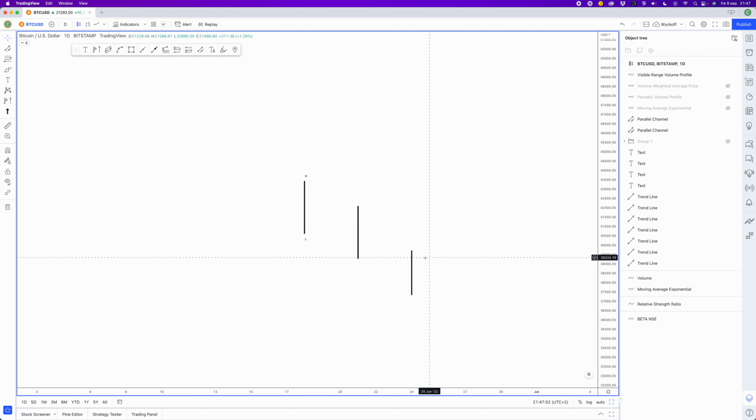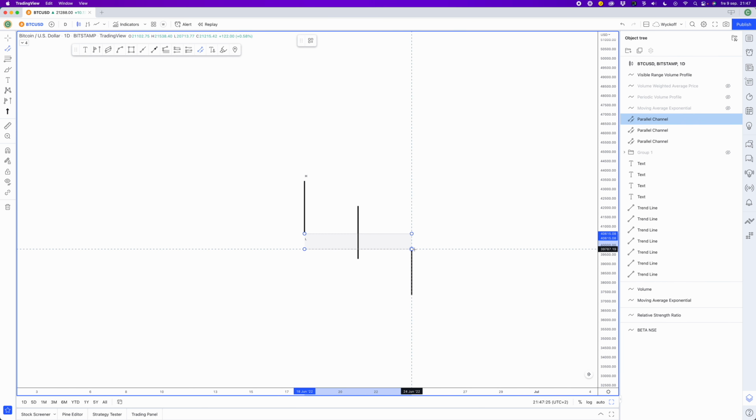So what is a momentum gap? So I have 3 bars here, and I have just represented these 3 down bars as lines because I'm not interested in the open or close of the market, only the high and the low. And you can see the momentum gap appears between this low and this high.